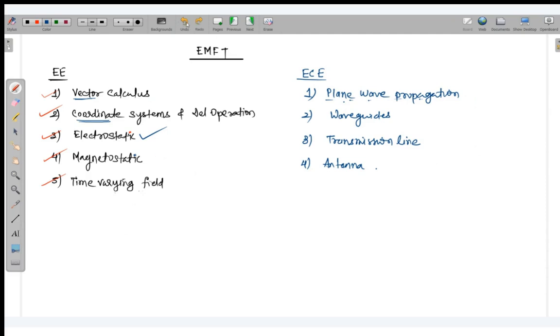I am talking about the EE student here. For EC students, this is the entire syllabus. If you want to learn EMFT for any exam in life, then you have to attend all the 9 chapters. If you want to be specific for GATE, then the 5 chapters can be preferred over these, because there is less chance that a question will come in GATE.